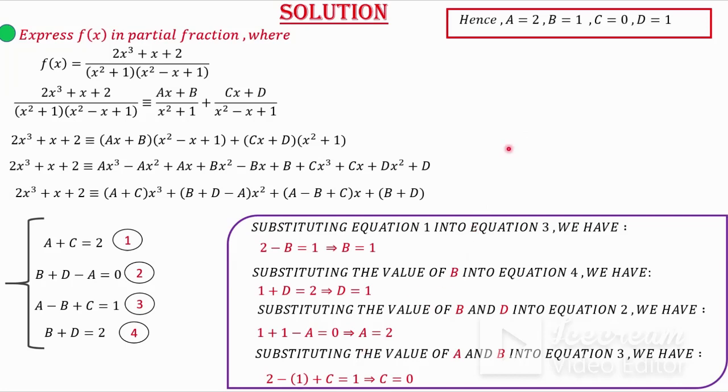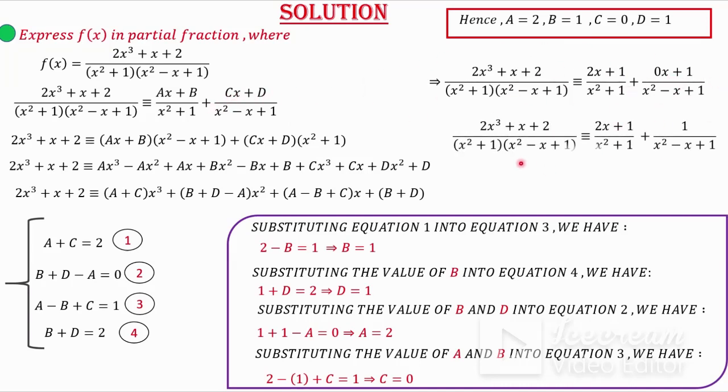Hence we can conclude that the value of a equals 2, the value of b equals 1, the value of c equals 0, and the value of d equals 1, from which we can substitute those values in order to obtain our function f of x in partial fractions. Substituting a with 2, b with 1, c with 0, and d with 1, we get this expression.